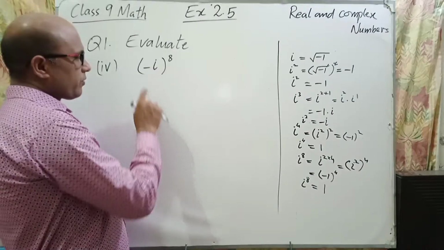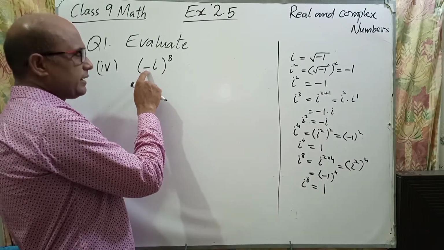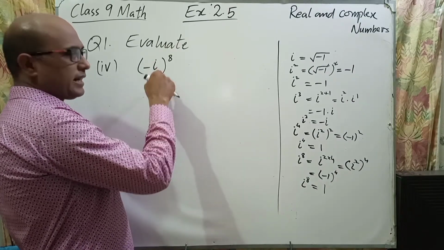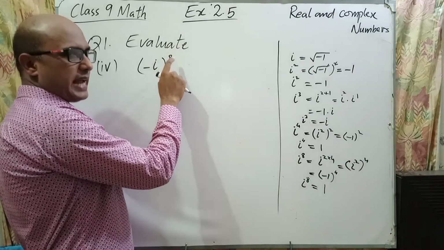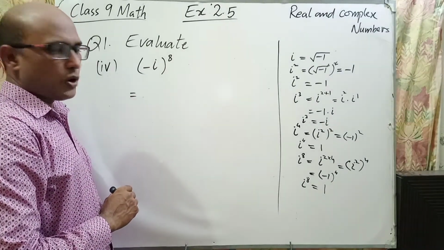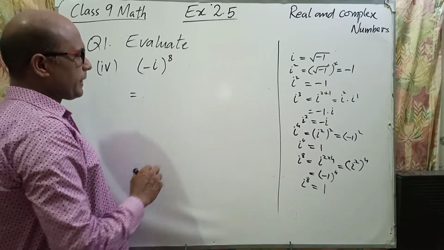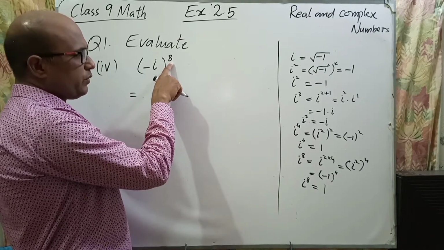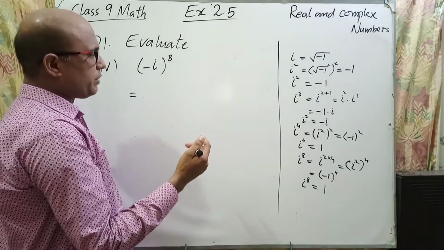Now you can see here the iota sign is minus and its power is 8. Its exponent is 8. Students, let's see how to solve this question, because we have an exponent 8 which is an even number.